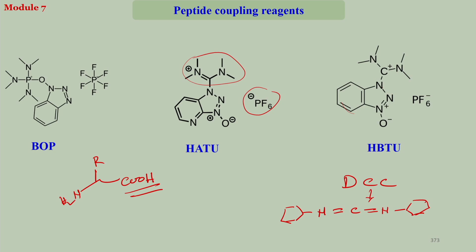So, I will show you 2 mechanisms, one is for DCC, how it occurs with DCC, and then with HATU. And as I have mentioned in the last lecture, all these coupling reagents are aimed to activate the carboxylic group.